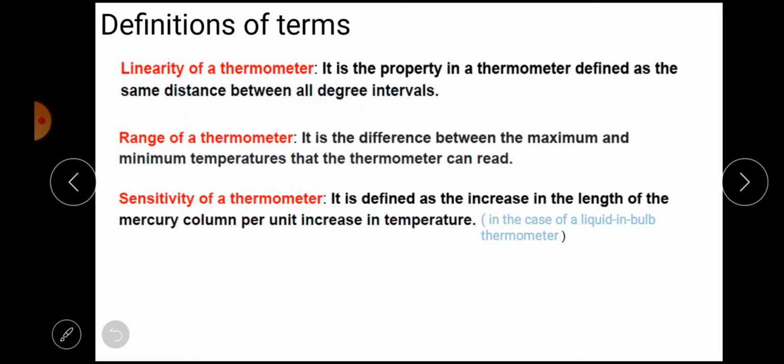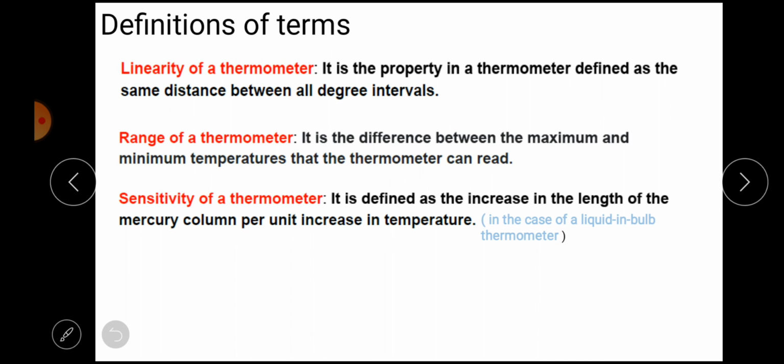So here we have tried to simplify the definitions. Linearity of a thermometer is the property defined as the same distance between all degree intervals. So this one is simplified now. Range is the difference between the maximum and the minimum temperature.